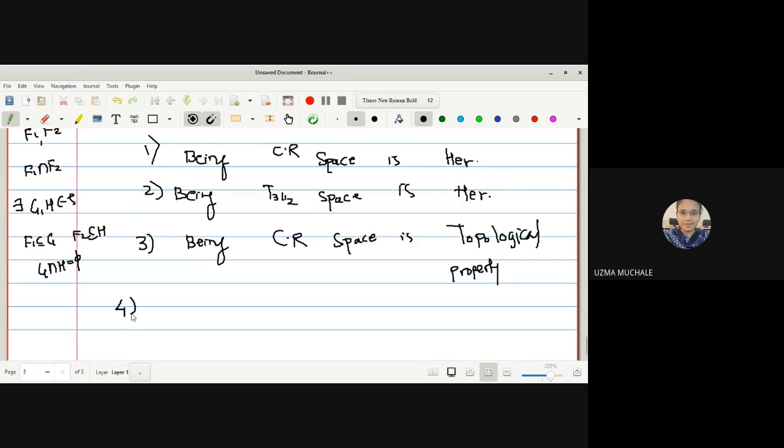Again, fourth one, being a T3 half space is a topological property. Okay, so these will be the four theorems. First, completely regular is hereditary and topological, then T3 half space is also a hereditary and topological property.